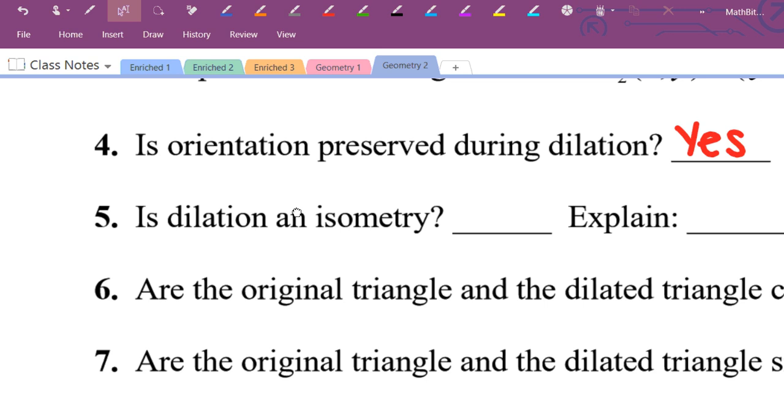Let's see if we can go through and get it. Poke around. You've got 37 seconds. Let's make sure we're giving out the best answers that we can. Looking for what it means to be an isometry. 20 seconds left.